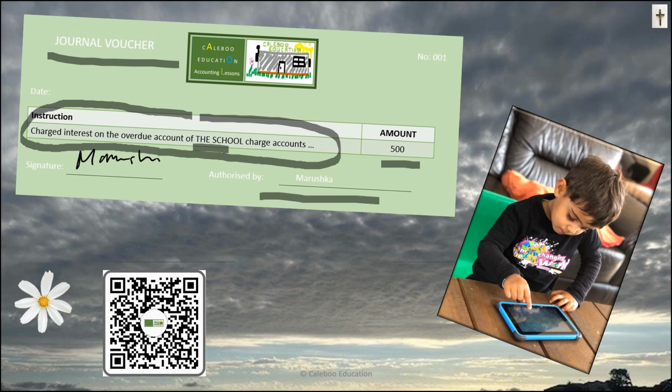Marushka has authorized this transaction to take place, and there's her signature there, and it also tells you which accounts are going to be debited and credited. So that's what this journal voucher will record. Any transaction that doesn't go in the other journals will go into the general journal.